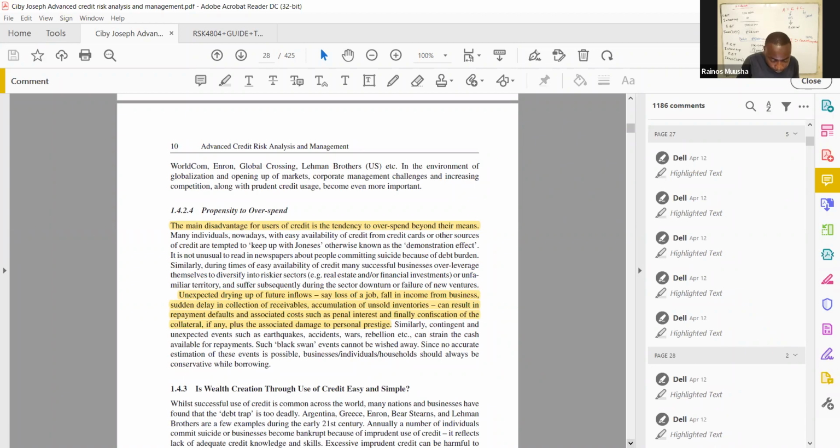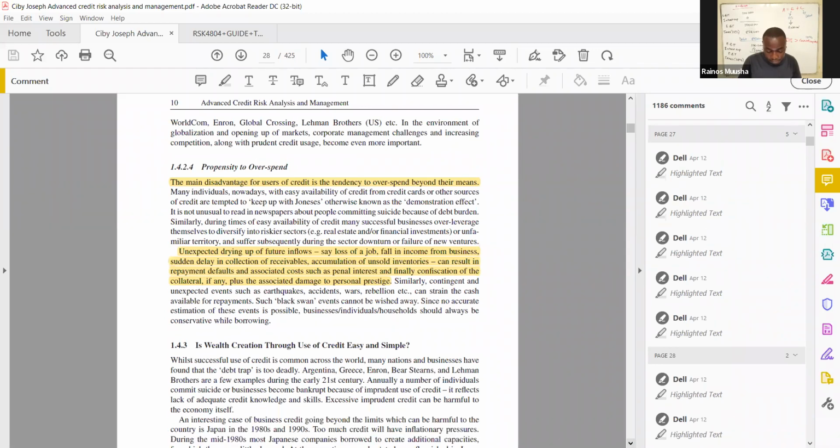So unexpected drying up of future inflows, say loss of a job, fall in income from business, sudden delay in collection of receivables, or accumulation of unsold inventories can result in repayment defaults and associated costs such as penalties on interest, and finally confiscation of the collateral, if any, plus the associated damage to personal prestige as well. So basically, these are the disadvantages of credit within an economic system. Are there any questions regarding the disadvantages?